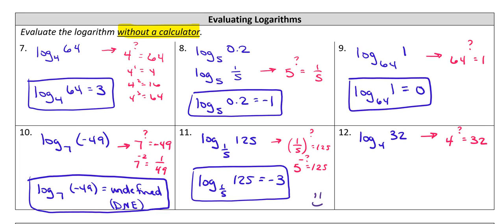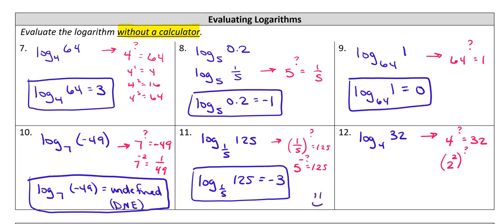That's too far. There's no whole number exponent on 4 that's going to give me 32. And that's a problem. Like I told you, if it says without a calculator, there's going to be an answer. It's going to be solvable. So what if we were to figure out a smaller base? There's no way to change 4 into 32, but what if I wrote 4 as 2 squared?